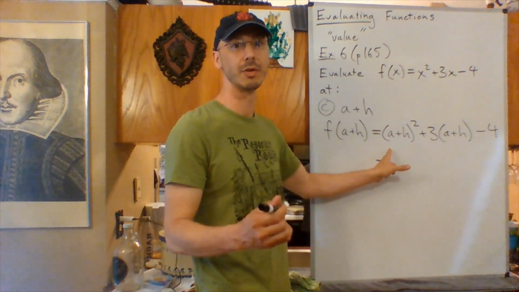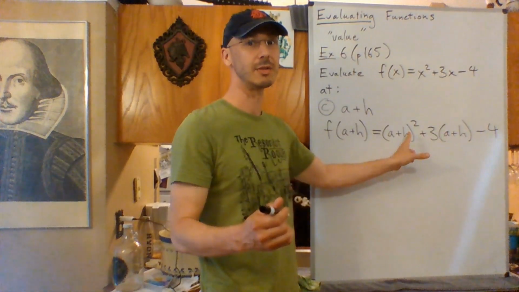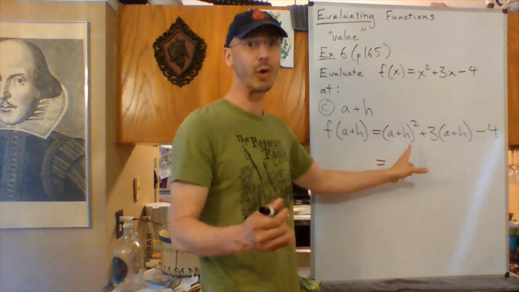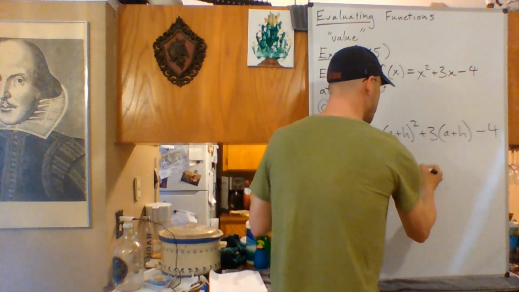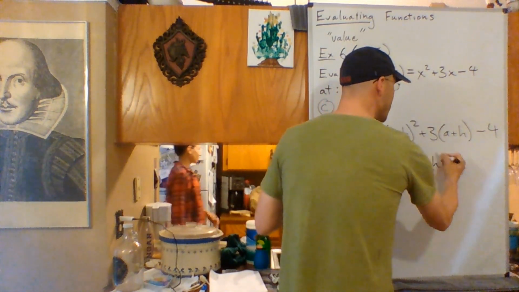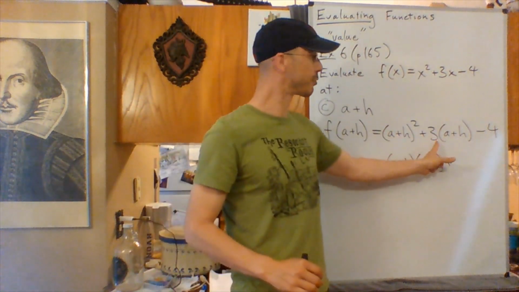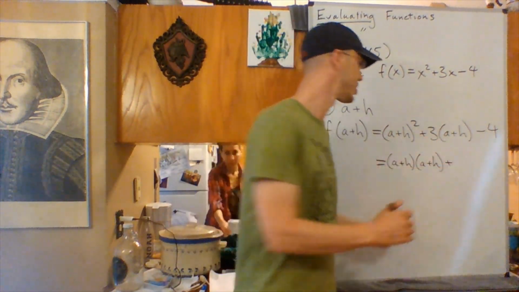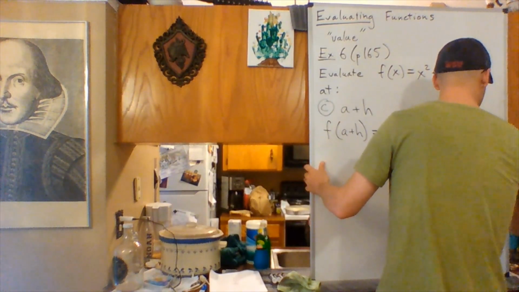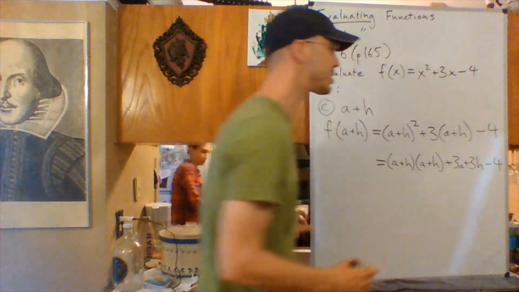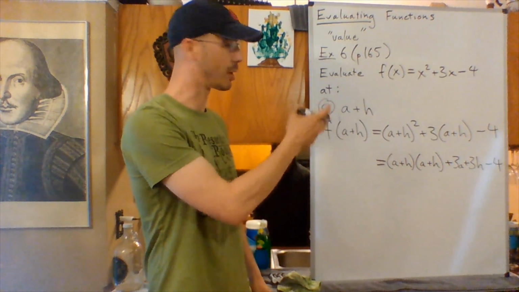I have to FOIL. So this is a plus h times a plus h. We can work on the rest of the expression also in this step. 3 times a plus h is 3a plus 3h. And then minus 4 comes along for the ride.